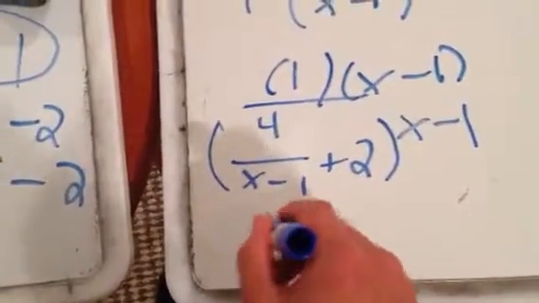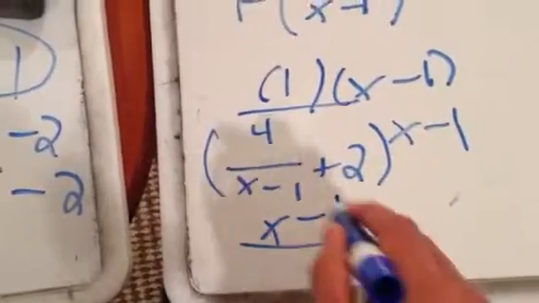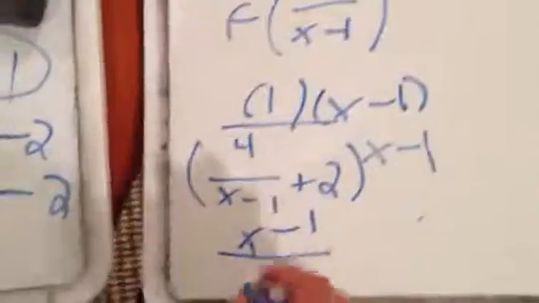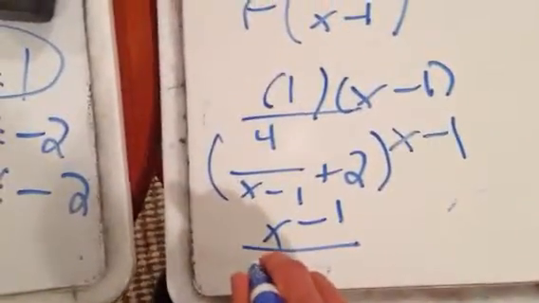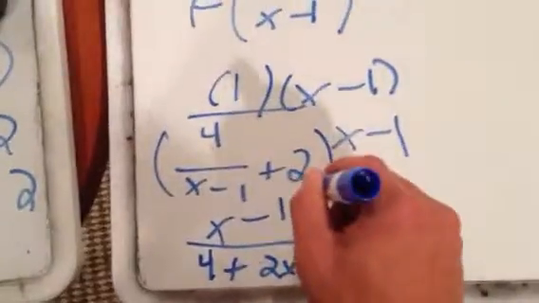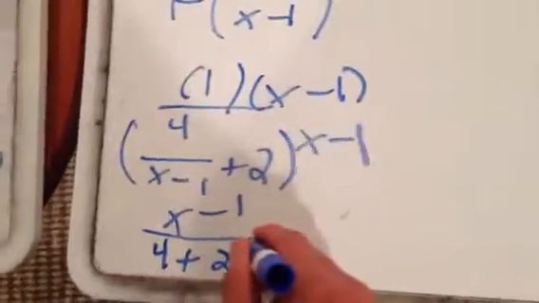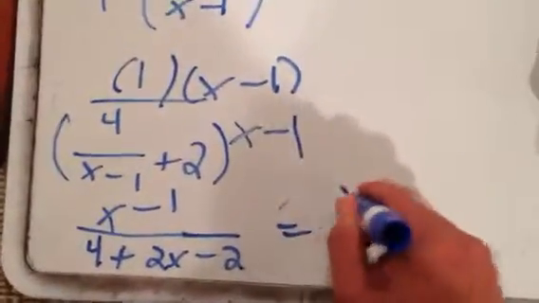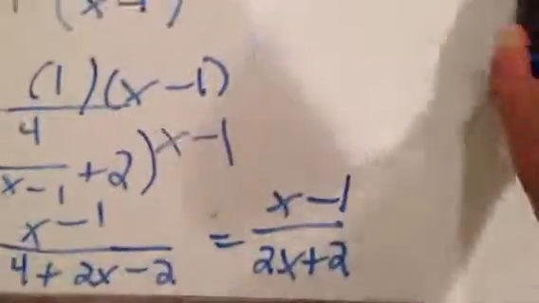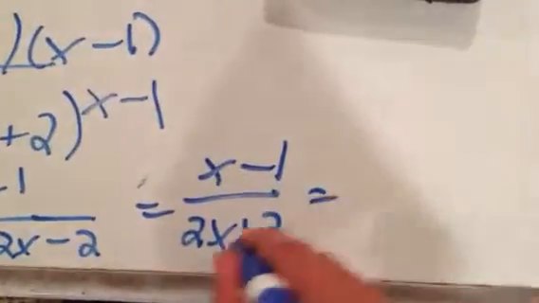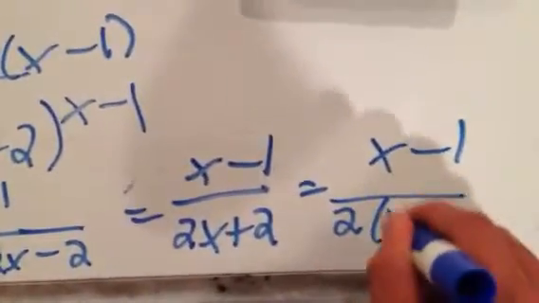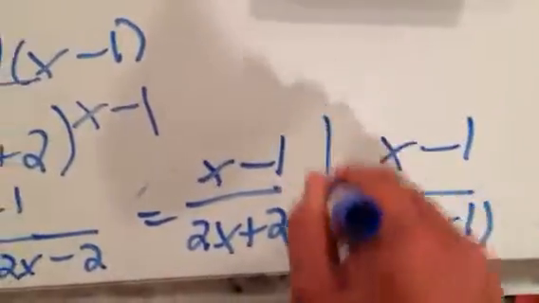So we have x minus 1 in the numerator over 4 over x minus 1 times x minus 1. Well, the x minus 1's cancel out, so I'm left with 4 plus 2x minus 2. I distributed the 2 to x minus 1. So now I have x minus 1 over 2x plus 2. And then if we factor the denominator, we have x minus 1 over 2 times x plus 1.